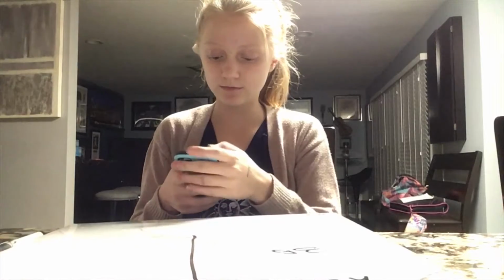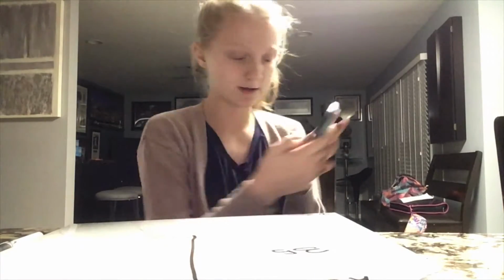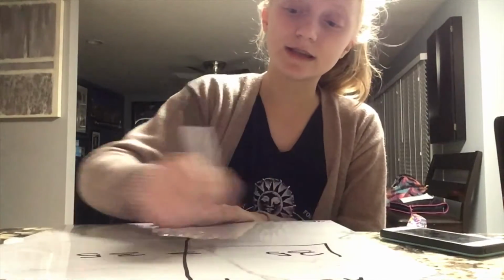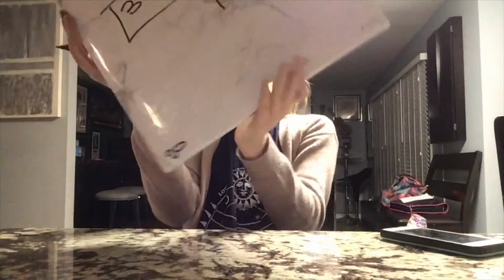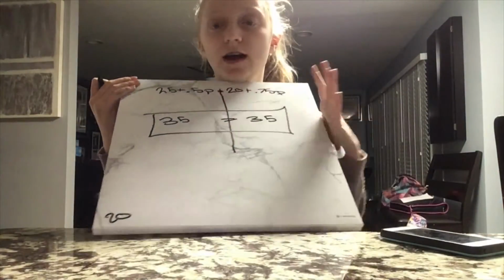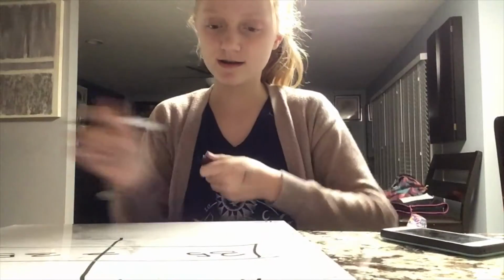Now we've got to do the Walmart side. 0.75 times 20 equals 15, and then 20 plus 15 would give us 35. So that means we got it correct because they both equal the same thing, 35 equals 35. So that means we did good.